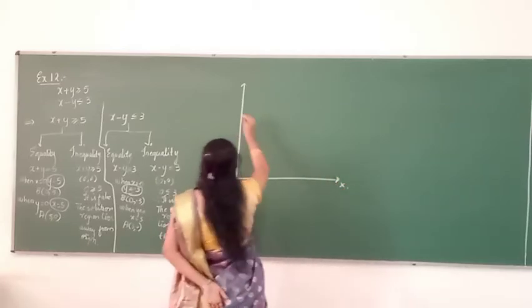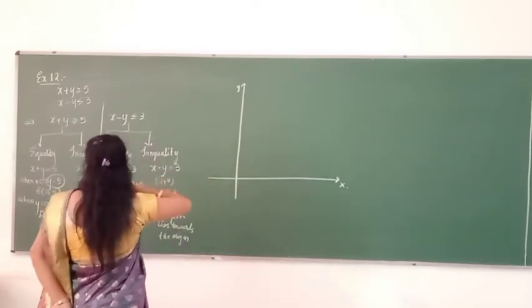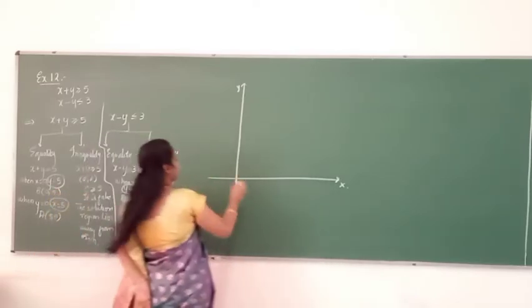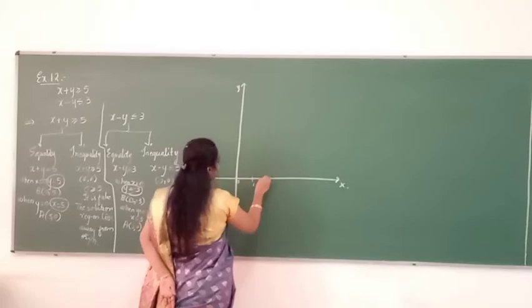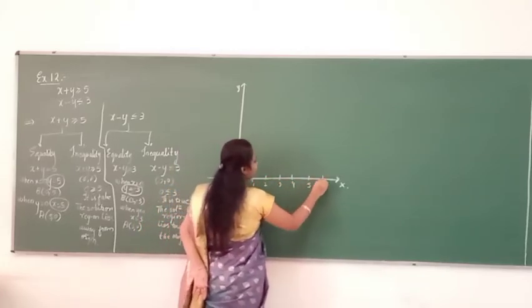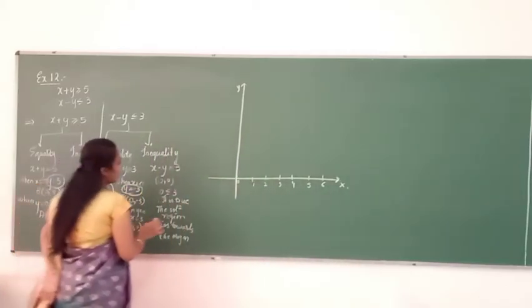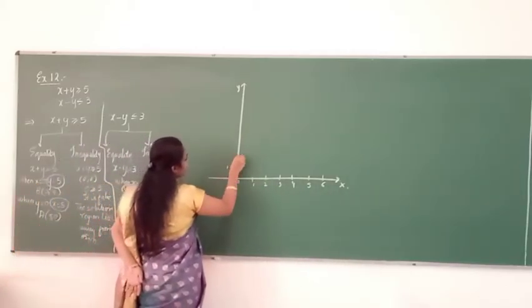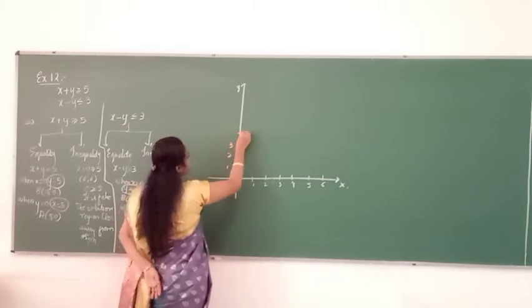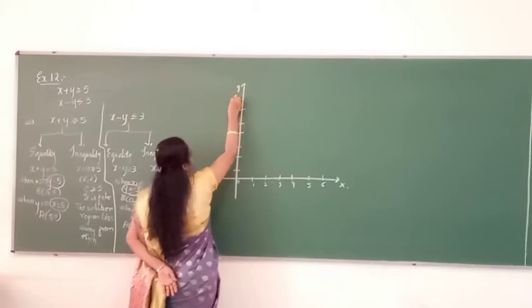This is your x axis and this is your y axis. 0, 1, 2, 3, 4, 5 and 6. 1, 2, 3, 4, 5, 6 and 7.